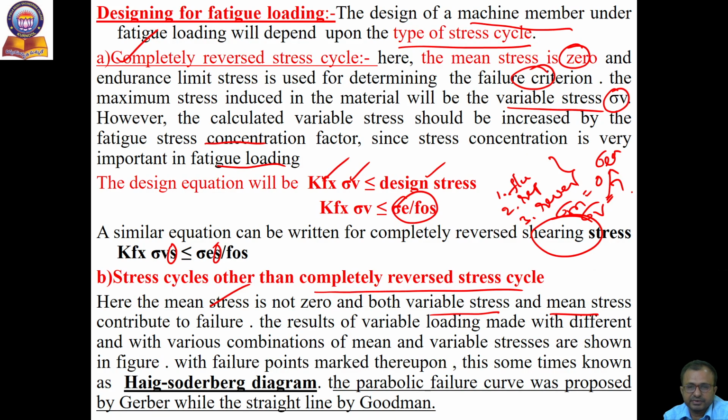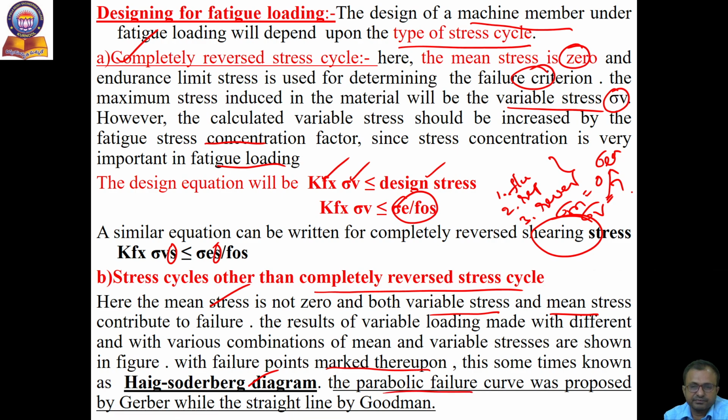The results of variable loading tests with various combinations of mean and variable stresses are shown in the figure, with the failure points marked thereon. This is sometimes known as the Haigh-Soderberg diagram.